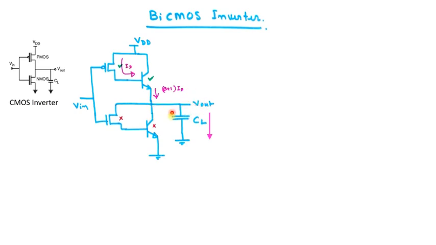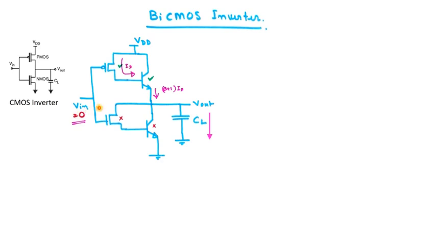At the output, the load capacitor CL is connected. Now let us investigate the operation of this BiCMOS inverter. Suppose Vin is low, or 0, then let us see what will happen.